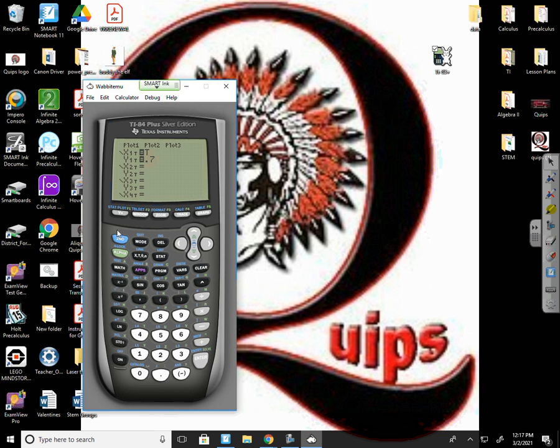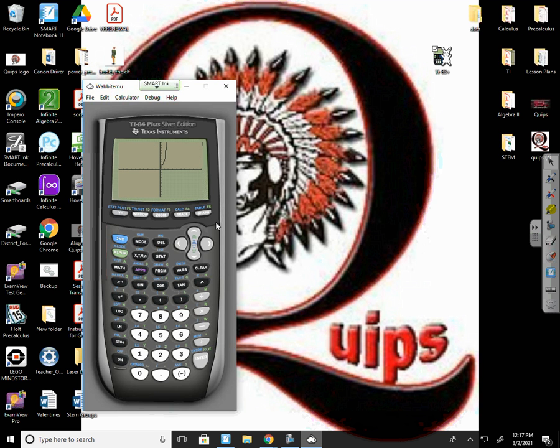0.7x, which is now a t to the fifth, plus 0.3 t to the fourth, minus 0.2 t to the third, plus 2x, which is now 2t, plus 0.5.